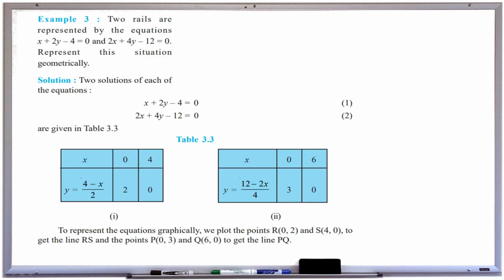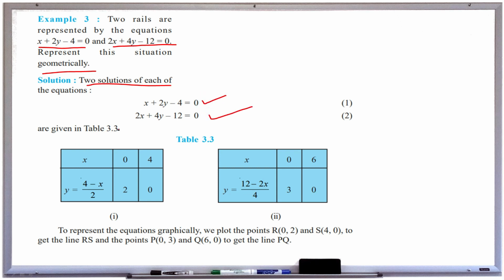Let us consider example 3. Two rails are represented by the equations x plus 2y minus 4 is equal to 0 and 2x plus 4y minus 12 is equal to 0. Represent this situation geometrically. Two solutions of each equation we will get.